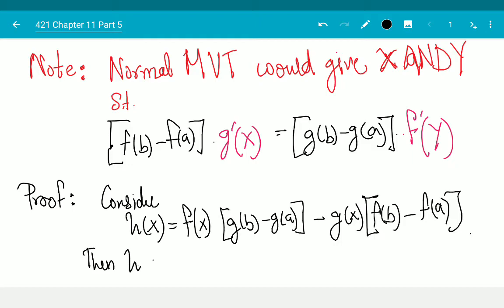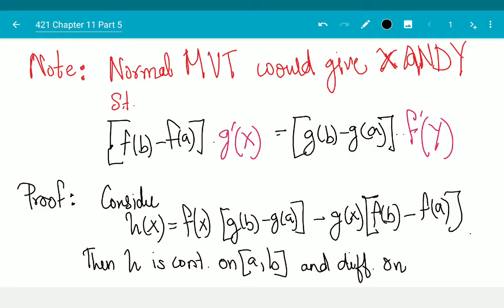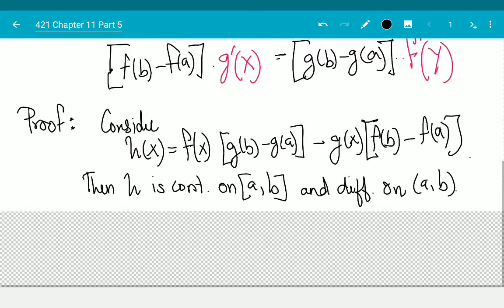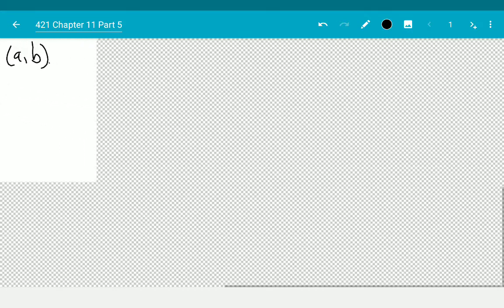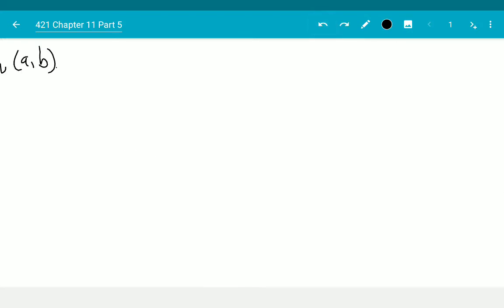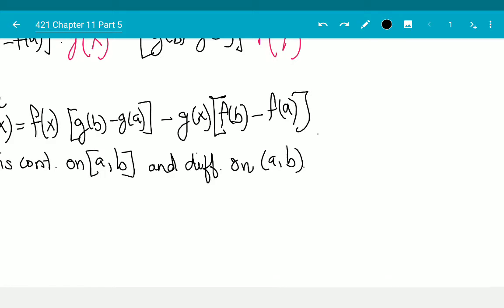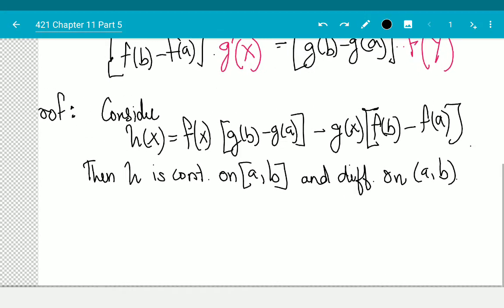Then h is continuous on [a, b] and differentiable on the open interval (a, b) because it is a linear combination of two such functions.